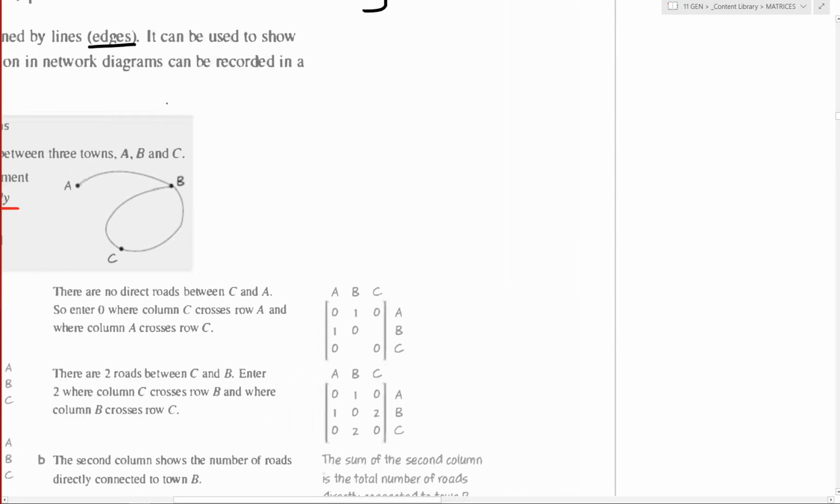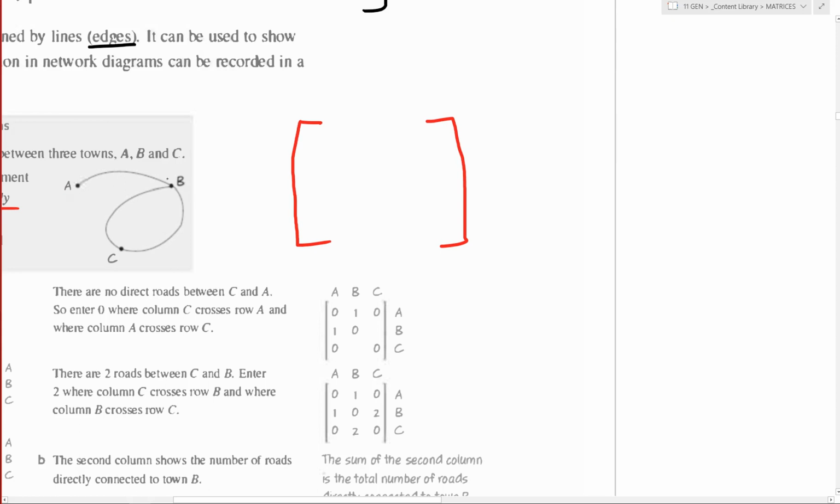This is the same as making an adjacency matrix. Remember back in networks, we worked with it. Also remember that the letters on the top and the side are determined by how many vertices you have.